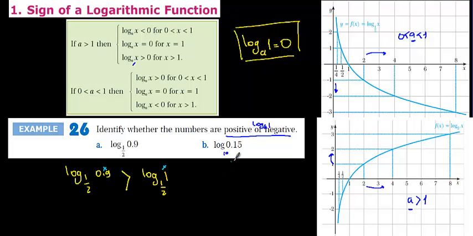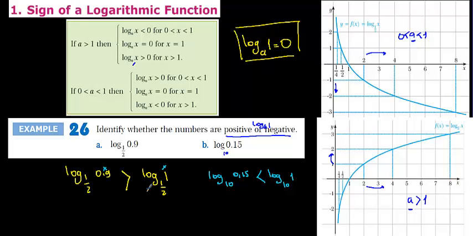For the second one, logarithm base 10 of 0.15, and logarithm base 10 of 1. Which value is bigger, 0.15 or 1? 1 is bigger, so it means that this one is bigger.